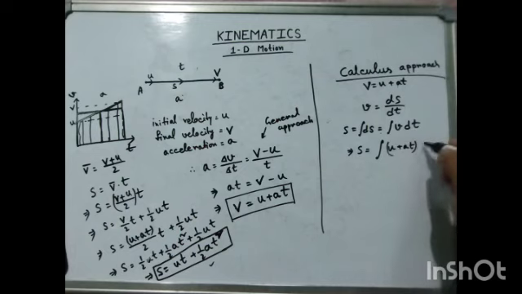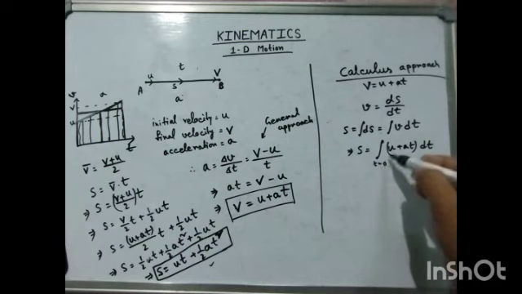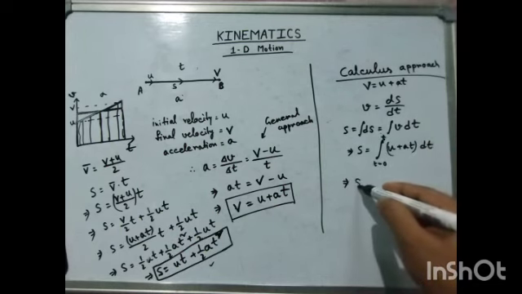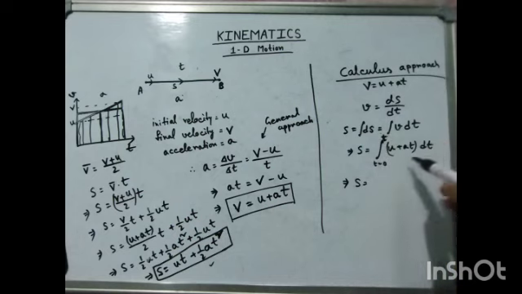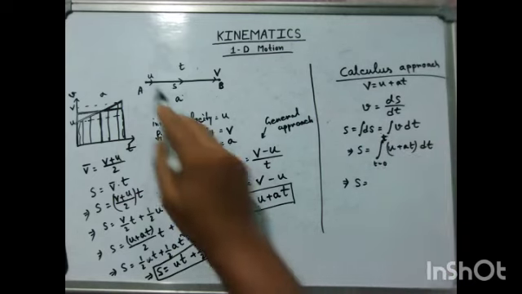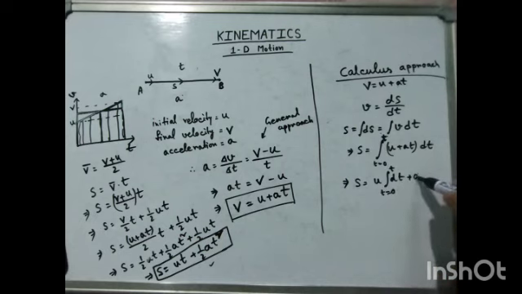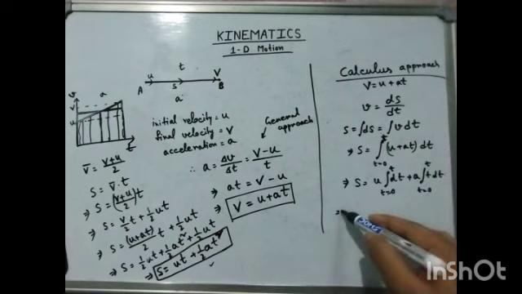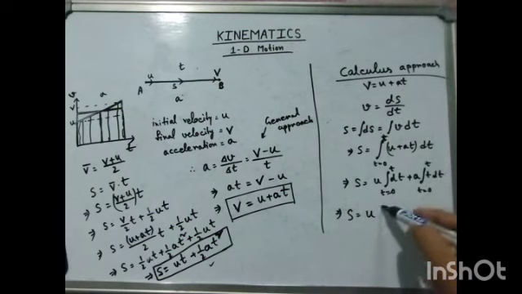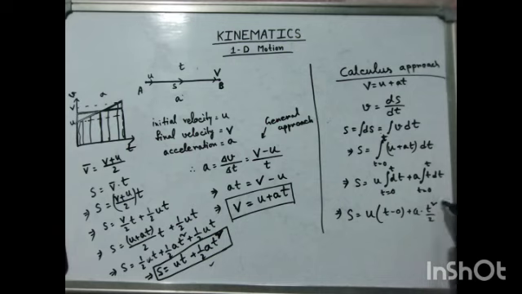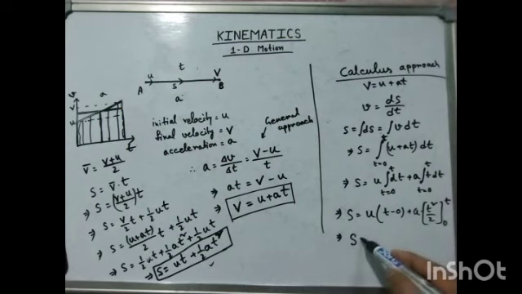So s is the integration of (u plus at) dt, where t is from 0 to capital T. U is constant, the initial velocity, so it will come out: u times integration dt from 0 to T, plus a times integration t dt from 0 to T. This will be u into (T minus 0) plus a into t square by 2, from 0 to T. It is a definite integral; you will learn it in mathematics.